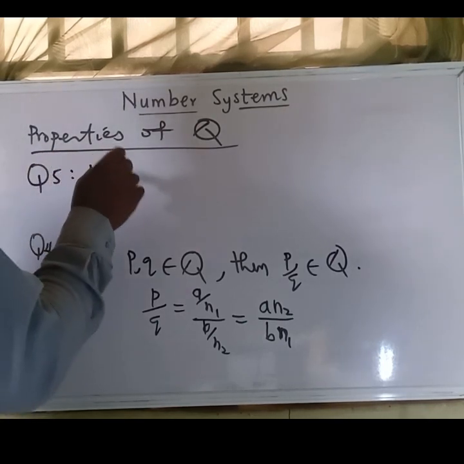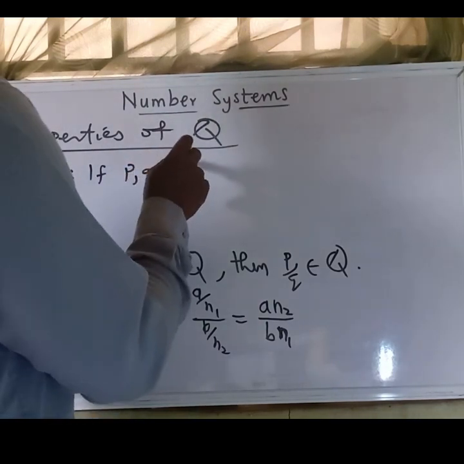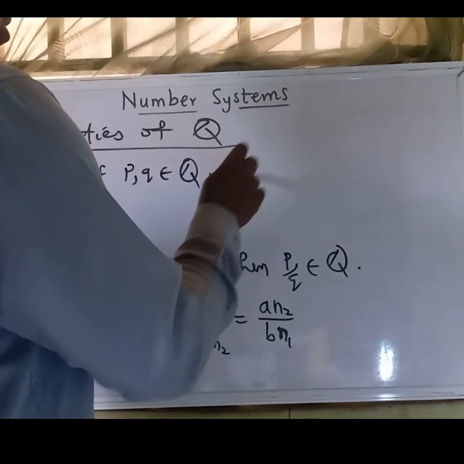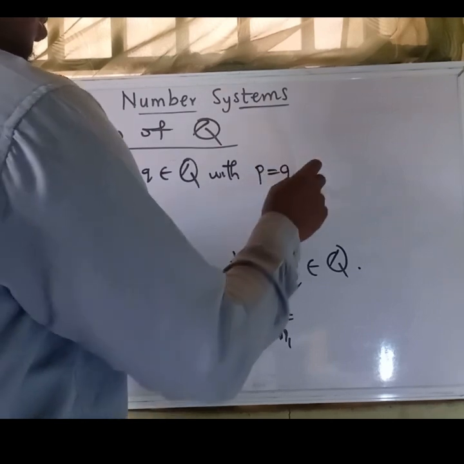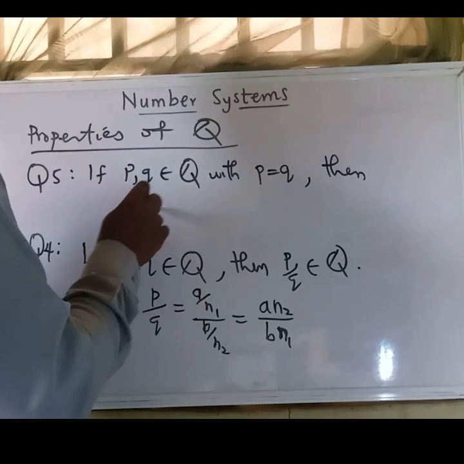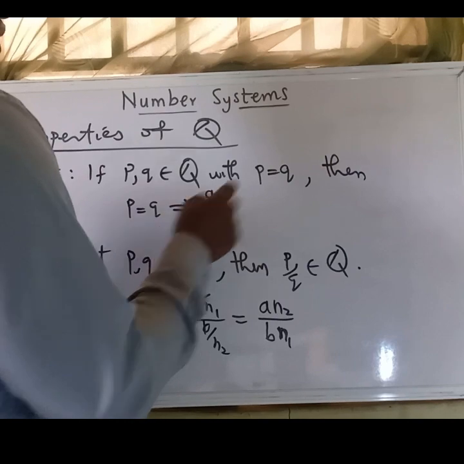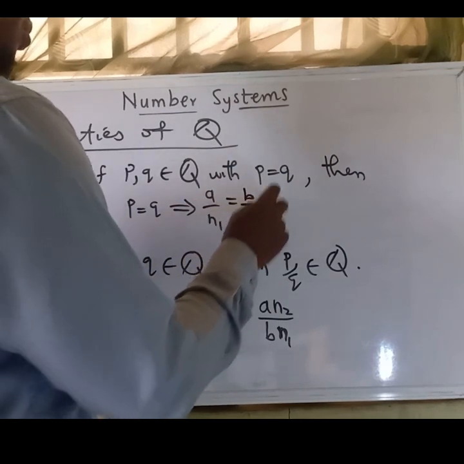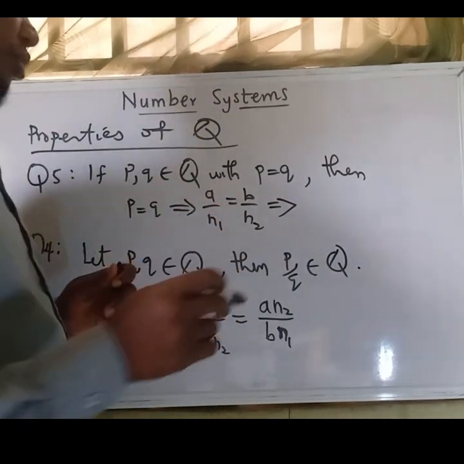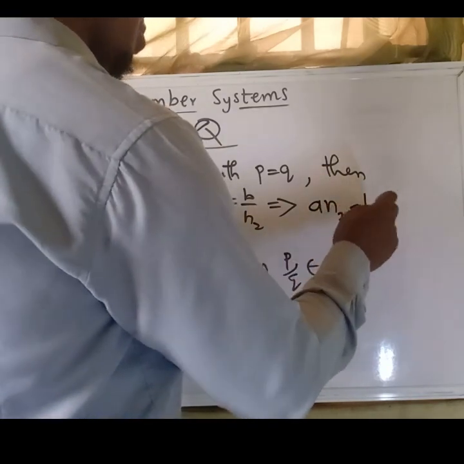If P and Q are members of rational numbers with P equal Q, then what it means is that P equal Q implies that A over N1 equals B over N2, and this also implies by cross multiplication, AN2 equal to BN1.